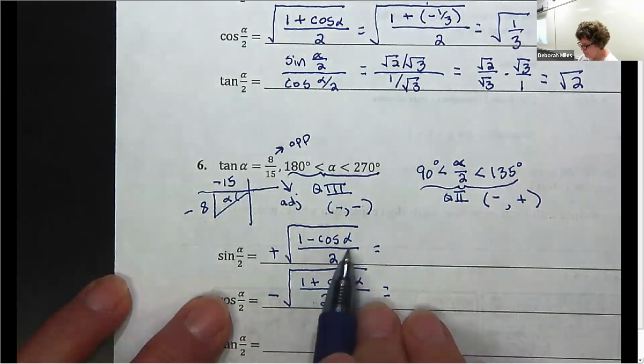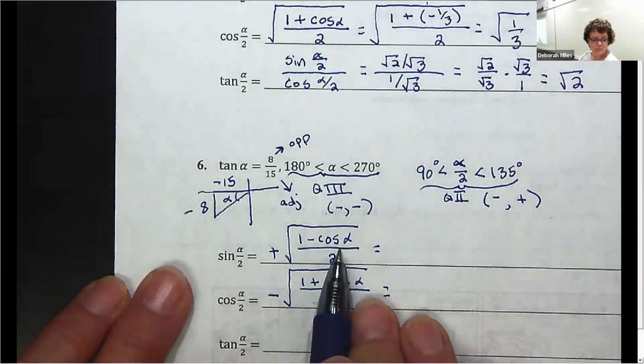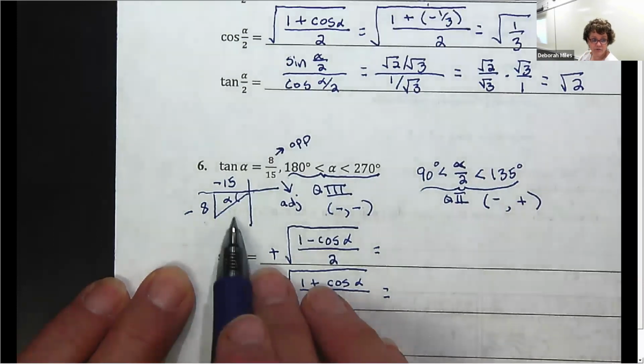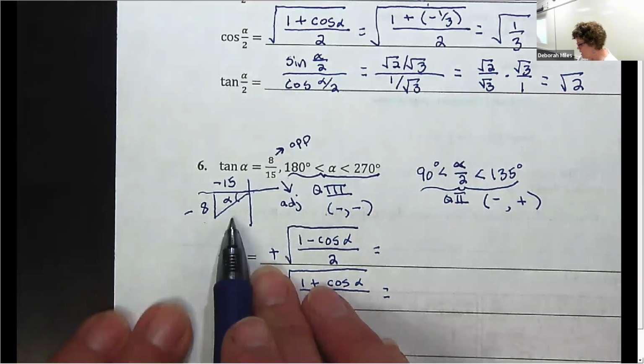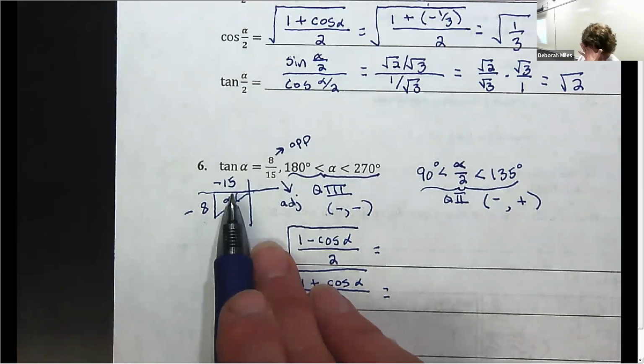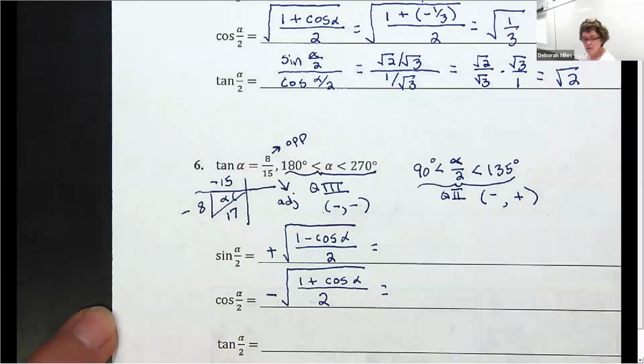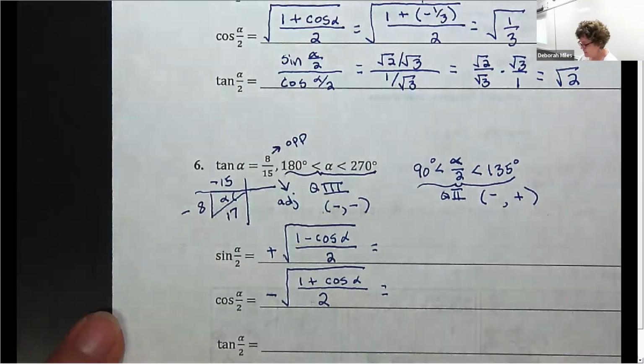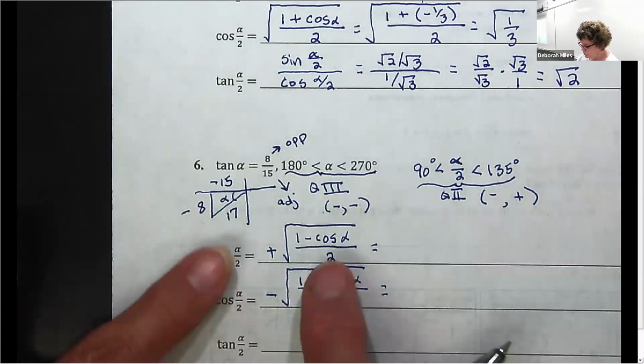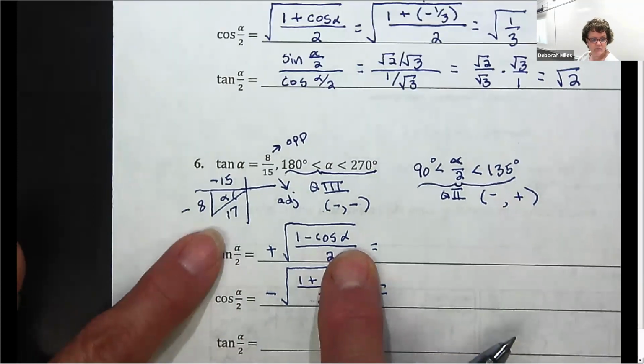What's cosine alpha? Well, we need the hypotenuse for that. Square root of 225 plus 64 is 289. Is that a 17, I think? 8, 15, 17 is a Pythagorean triple. So now tell me what cosine of alpha is.